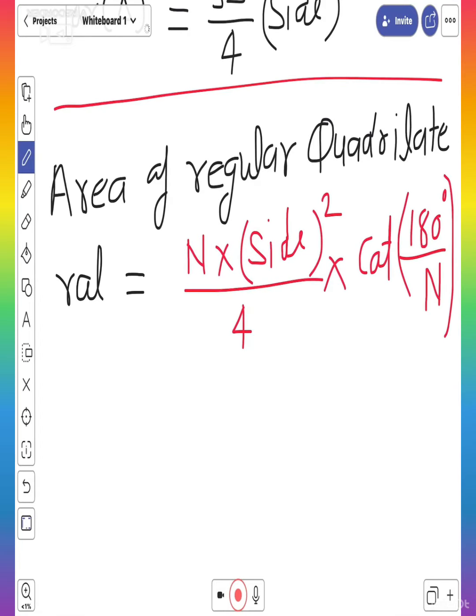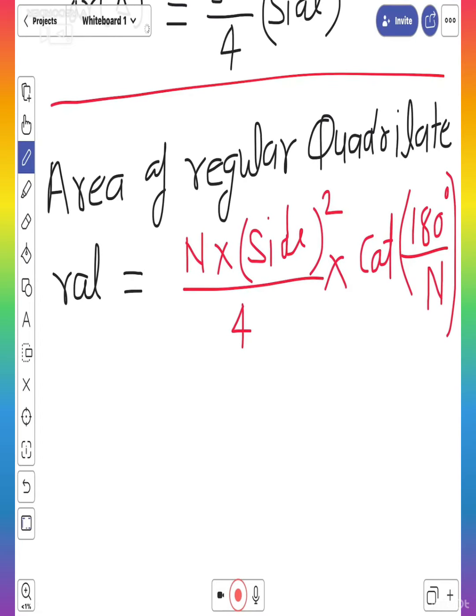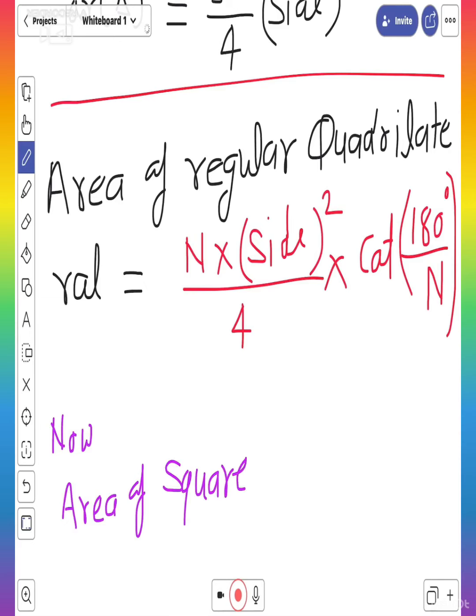Now you want to find the area of a square. So how many sides in the square? There are only 4 sides. So in the place of n you will put 4 only.